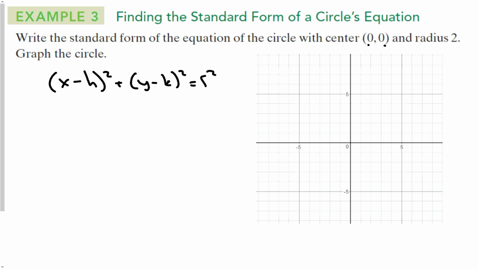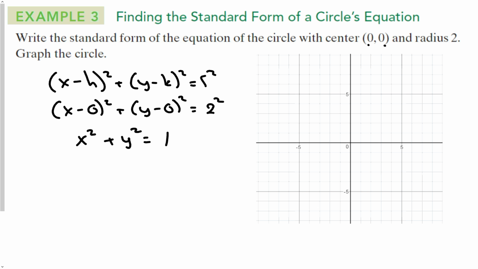There's h and k, so it would be (x − 0)² + (y − 0)² = 2². (x − 0)² is just x², plus y², is equal to 4. And that's my equation for this particular circle with a center of (0, 0) and a radius of 2.